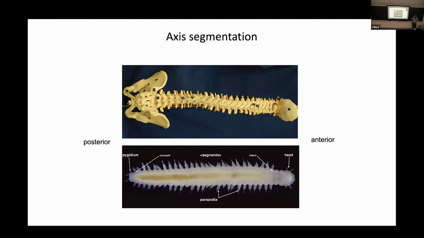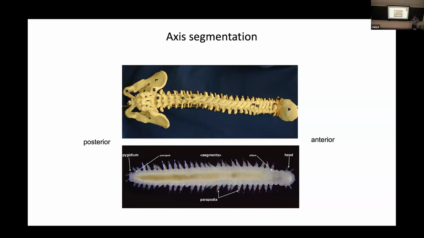So what I want to focus on today is to tell you a bit about segmentation and the formation of the body plan. What I will concentrate on is what people call the vertebral formula, which is characteristic of each species, and which essentially describes the number of vertebral segments found by anatomical region.